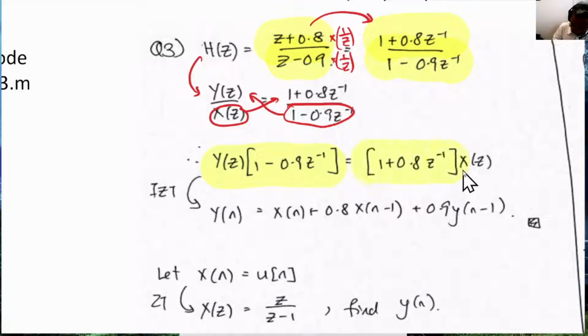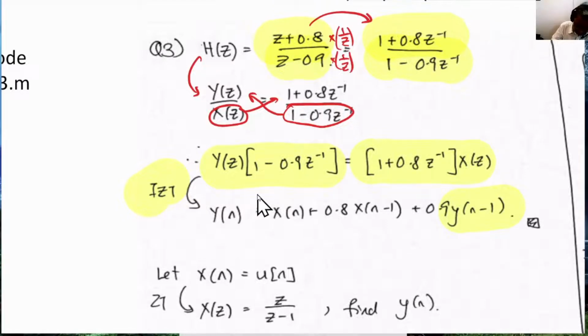Now it's simply a matter of performing the inverse z transform, and the only trick we are applying is that z^-1 Y(z) is simply y[n-1], and we are moving from the left hand side to the right hand side. That is why the negative becomes the positive.